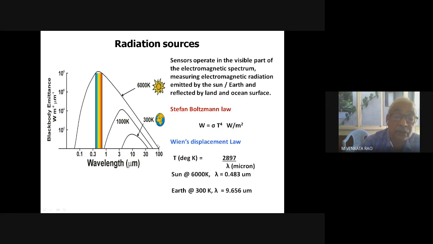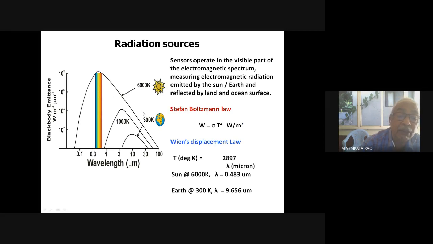This is the basic spectrum coming from the sun, and the maximum energy comes in the visible range, which is visible to our eyes, and slightly beyond this is the infrared region, and further it goes into millimeter waves, etc. The amount of radiant flux, you must have studied in physics, is dependent on the fourth power of the absolute temperature. The energy is equal to sigma T to the power of 4 watts per meter square, where sigma is the Stefan-Boltzmann constant. That is the amount of energy.